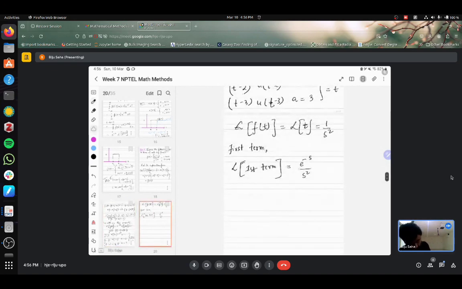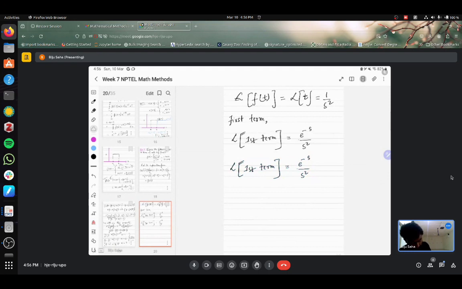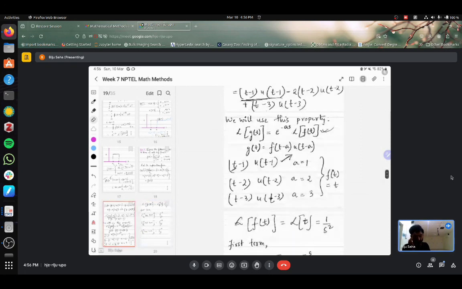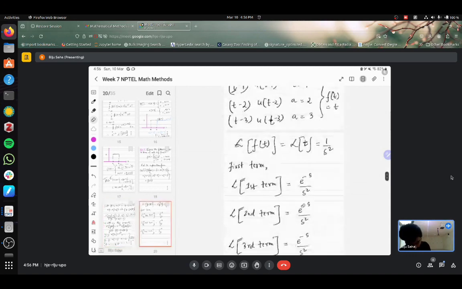Similarly, the Laplace transform for the second term can also be written, and also the Laplace transform for the third term. For the second term, a is 2, so basically you have this 2 over here, and 3.